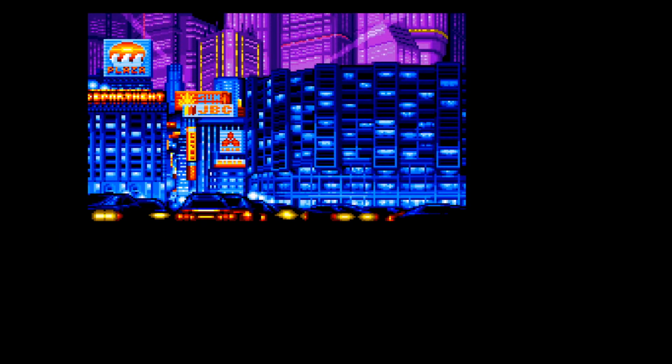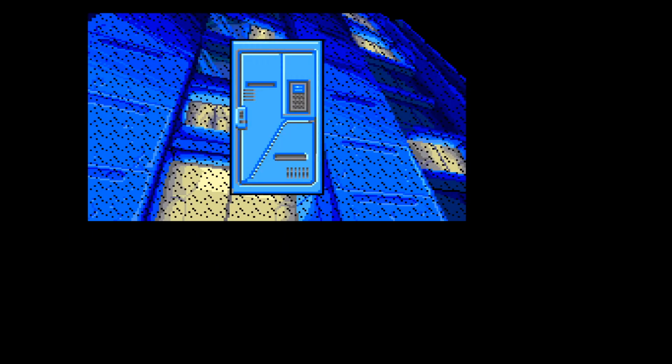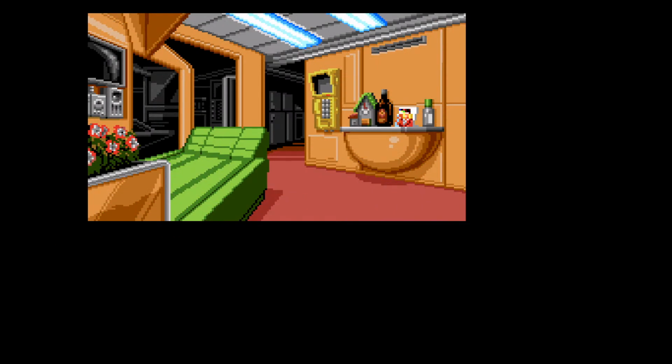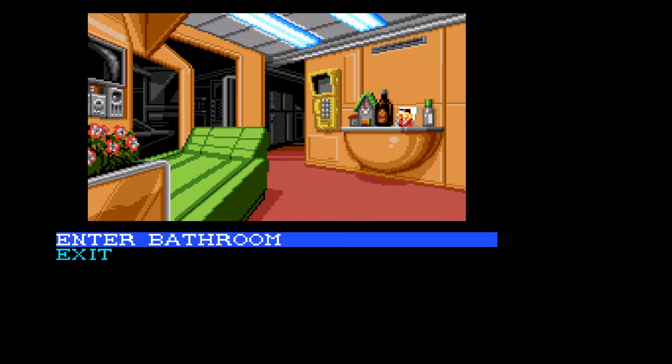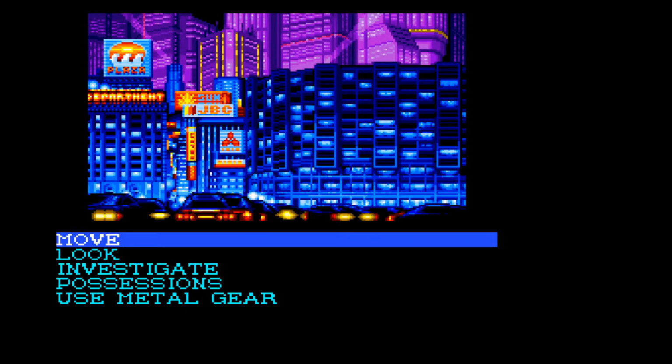Exit turbo cycle. Come on. Move. Go inside. Oh shit. Damn it.